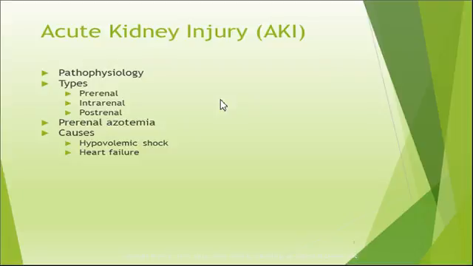Just about, again, every electrolyte is affected. Patients can have nausea and vomiting, bleeding, heart failure, hypertension, pneumonia, sepsis, seizures, permanent kidney damage. So as you can see, just about every organ or system is affected.